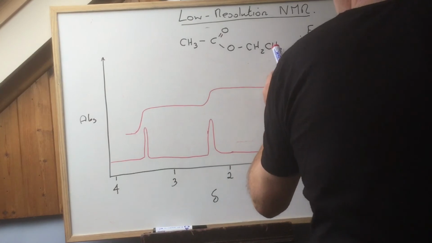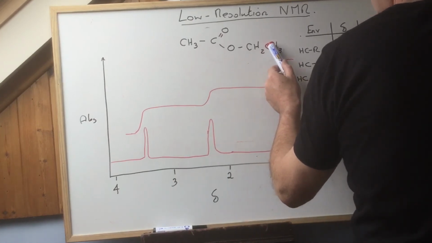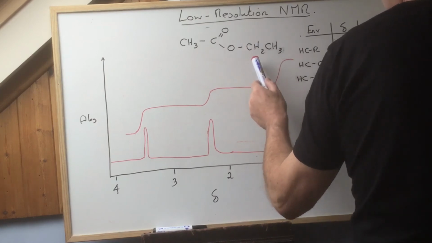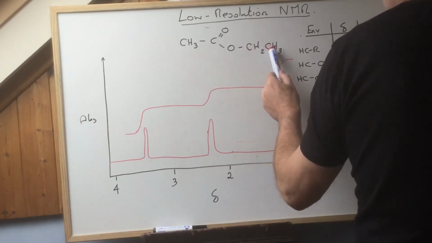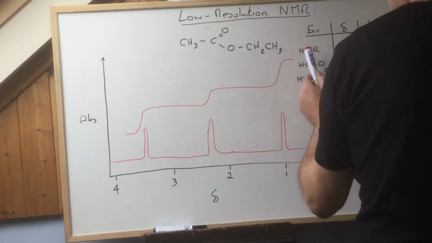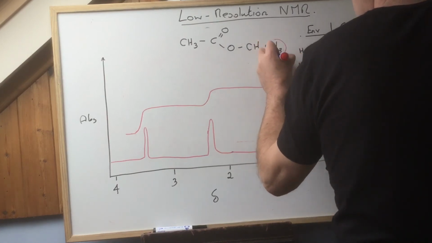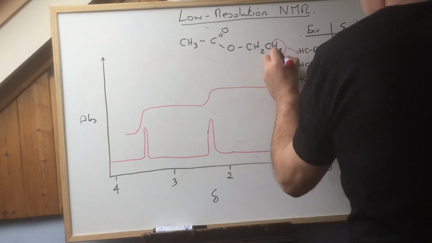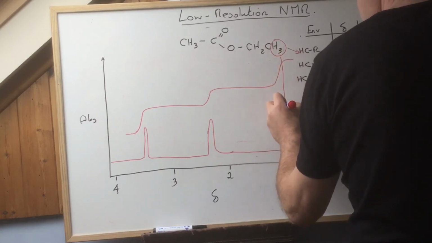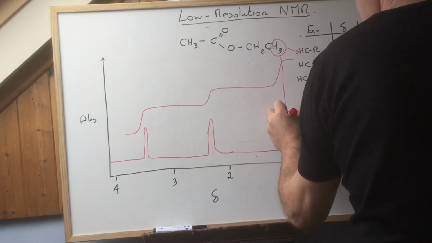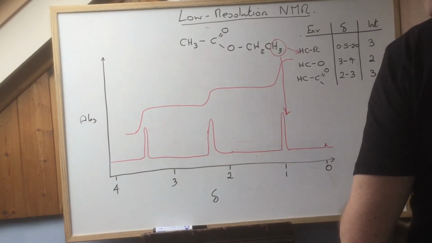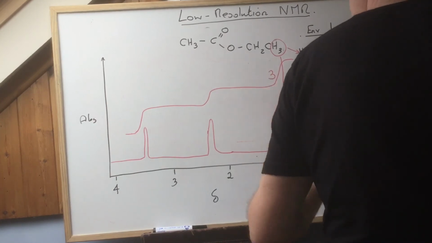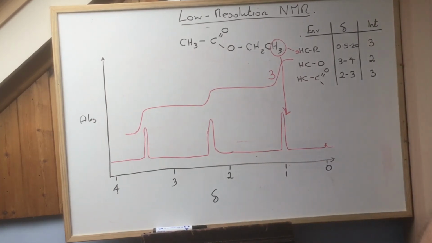So I've got 3 protons joined to a carbon, which is joined to a carbon with protons on it. Those 3 there, take my word for it, are responsible for that peak there. So the integration on that peak is 3, because there's 3 in that environment.